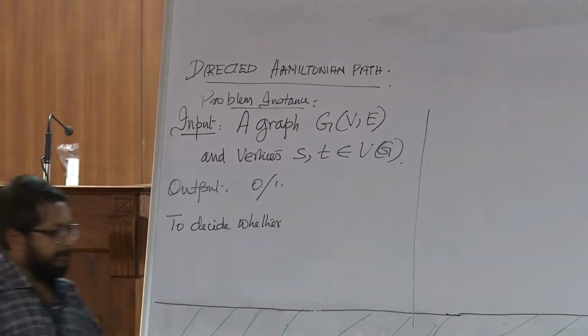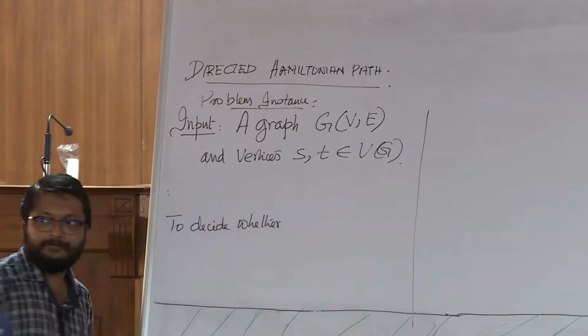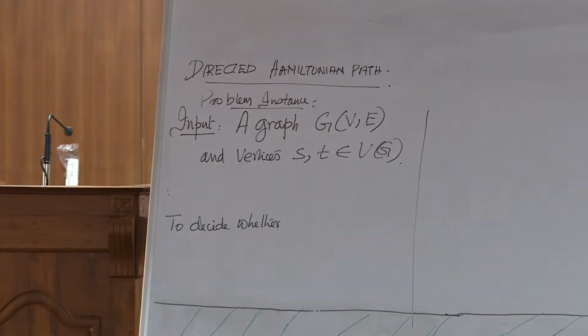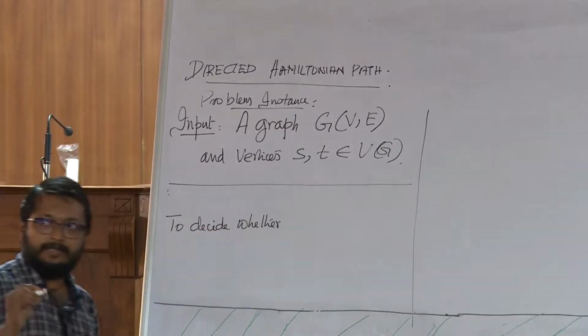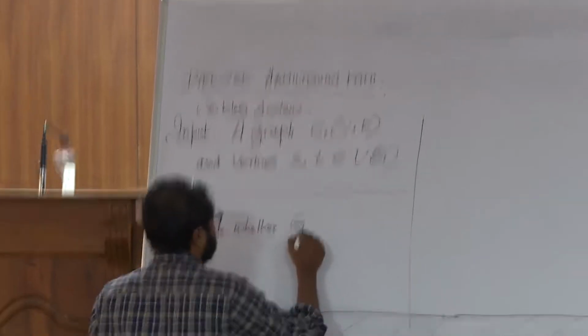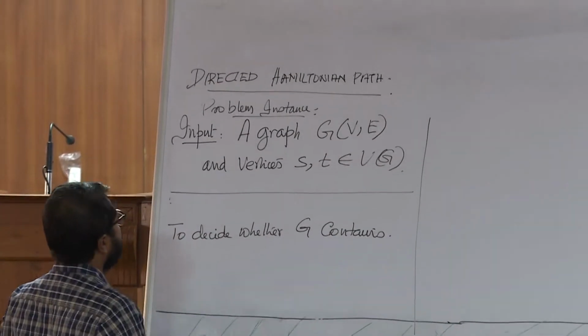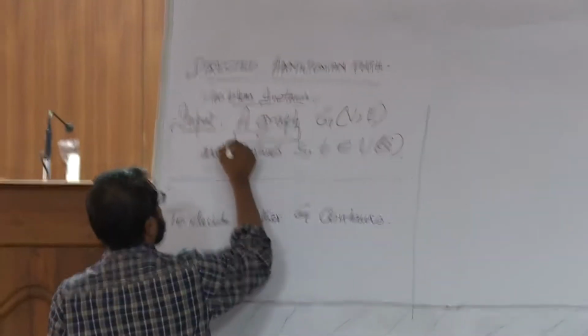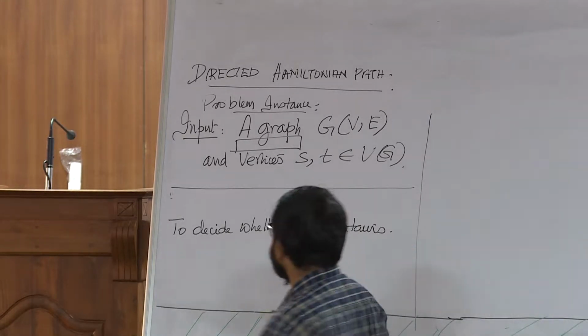So instead of writing input, output, etc., it makes sense for an algorithm, which of course has to return output 0 or 1. But the problem is to decide whether G contains, okay, so this graph is a directed graph. This is important. That means an edge can be traversed only along a particular direction.